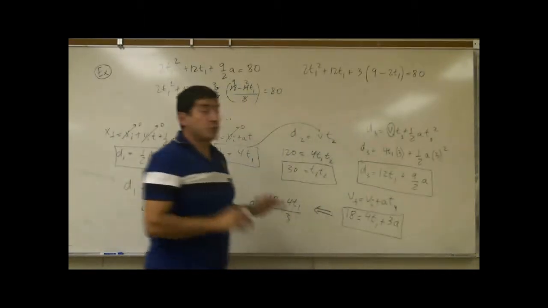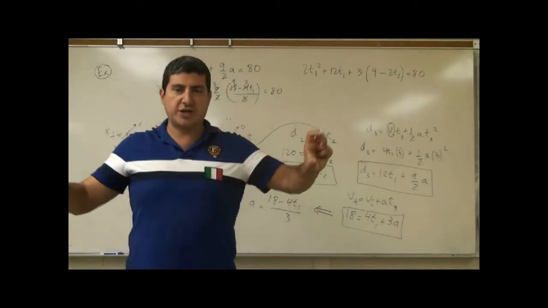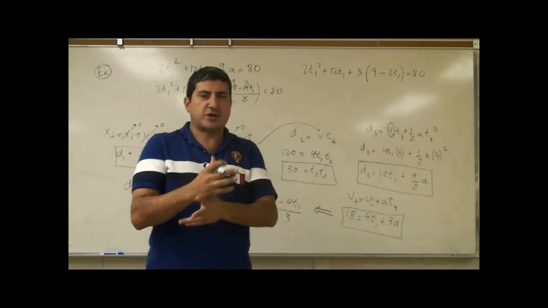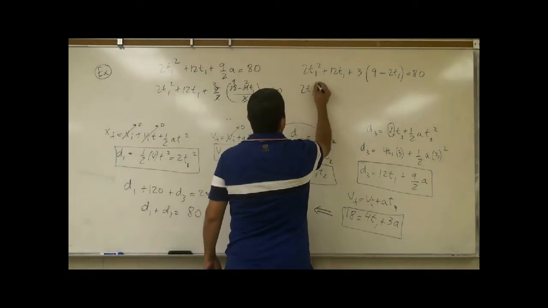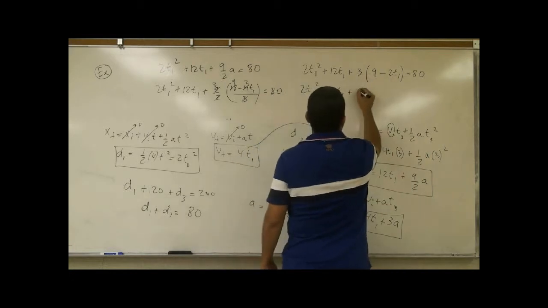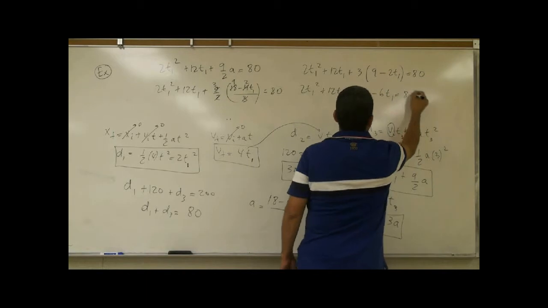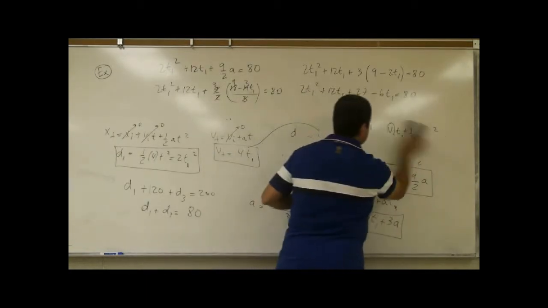Okay? So we have exactly achieved what we want. We have just one equation with one variable. We can simplify it, solve for the quadratic equation, and we got it. Okay, so 2T1 squared plus 12T1 plus 3 times 9, 27, minus 3 times 2, 6T1 equals 80. Okay, let's erase some of these.